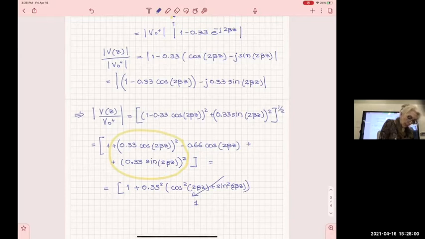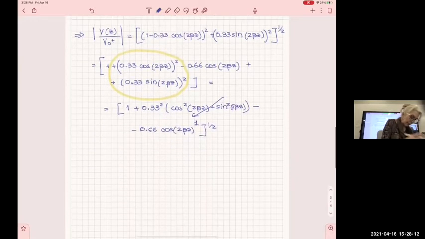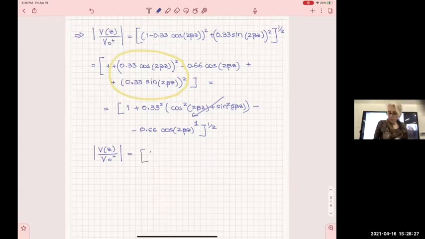All right, and then I have the rest, which is minus 0.66 cosine 2 beta z, and all of this 1 over 2. So practically now, to just summarize, I found that V of z divided by V naught plus magnitude is this one. How much is 0.33 squared?